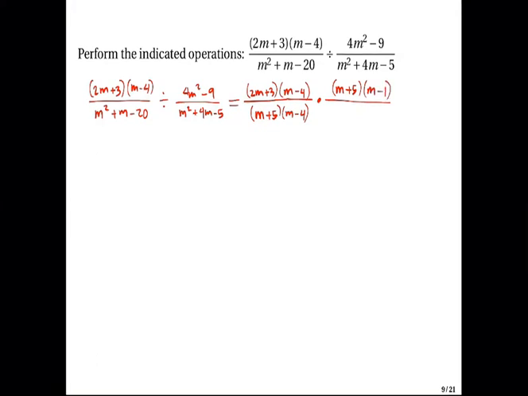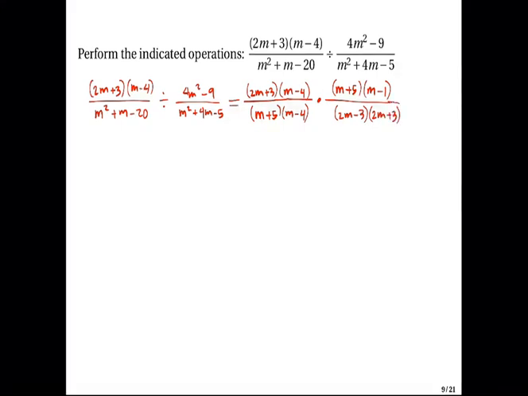And then this one here, 4m squared minus 9, will be going to the denominator. This is a difference of 2 squares, so we'll factor this again into 2m minus 3 times 2m plus 3.